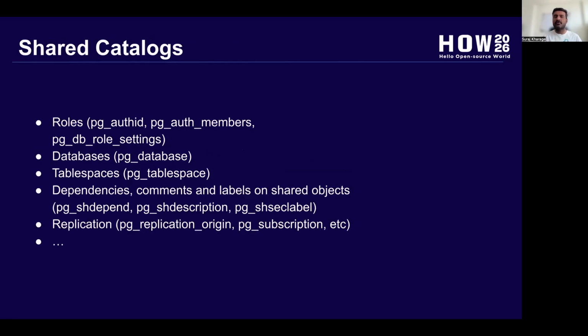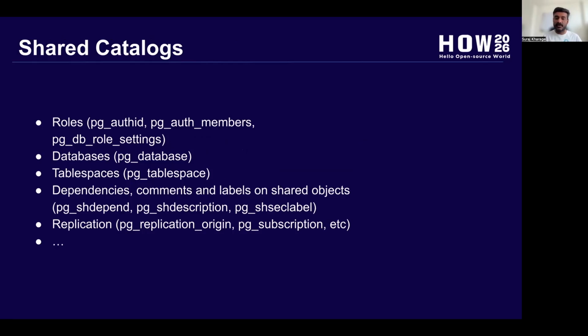I have listed a few of the shared catalogs here. pg_authid stores the information about the roles and users, as I mentioned previously. pg_auth_members is another shared catalog; we store the membership between the users. And pg_db_role_setting stores the information about the DB and role level GUCs.